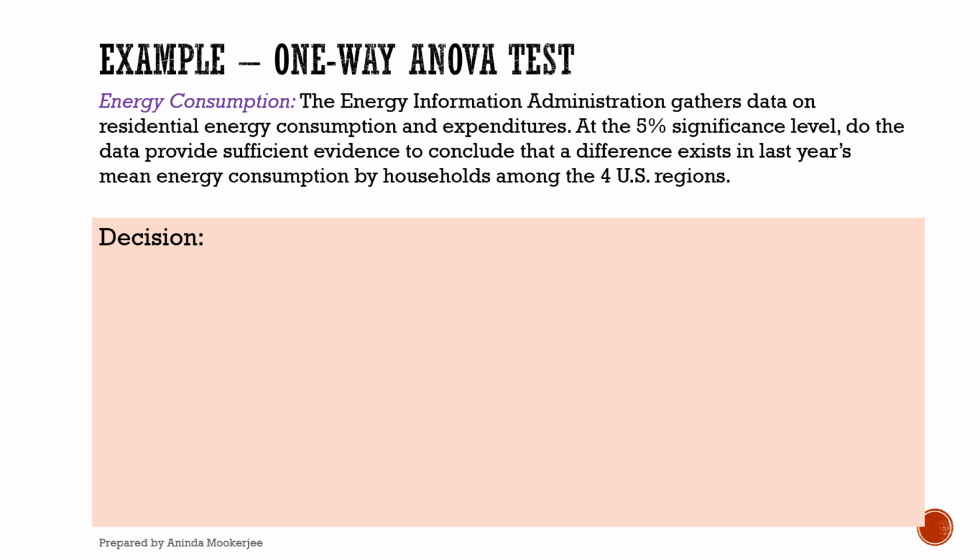As we saw from our approaches, we came to the decision to reject the null hypothesis. Therefore, you're going to state reject null hypothesis for the decision, and you're going to interpret. That's step 6. You have to interpret, even if the question doesn't prompt you to do the interpretation, please go ahead and interpret it, because a hypothesis test or a confidence interval is not complete without an interpretation.